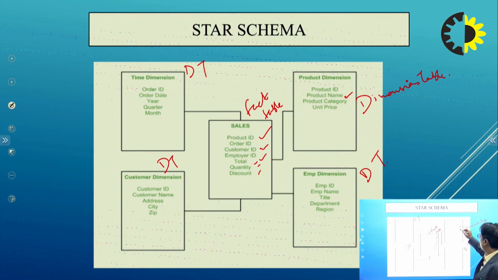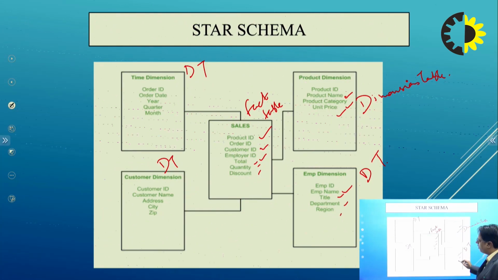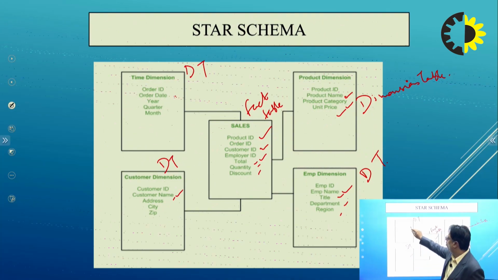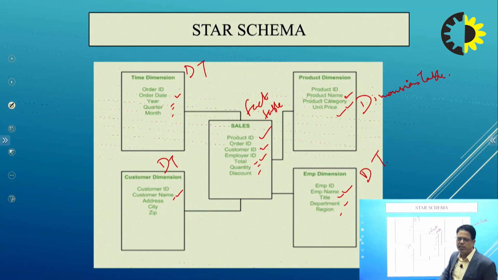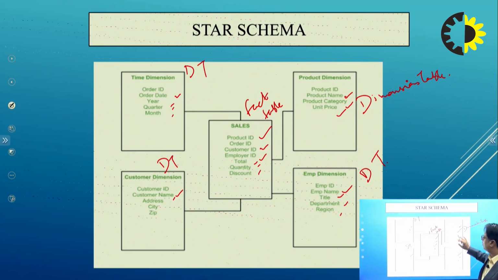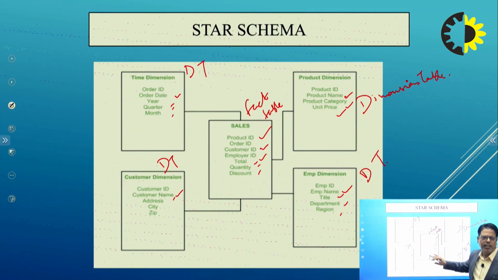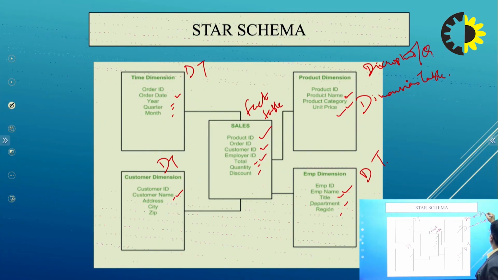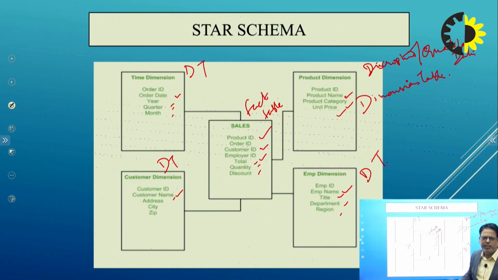Product name, product category, unit price, employee name, title, department, region, customer name, address, city and zip, order date, year, quarter and month. These all attributes consist of descriptive and qualitative data. So this is the basic architecture of star schemas.